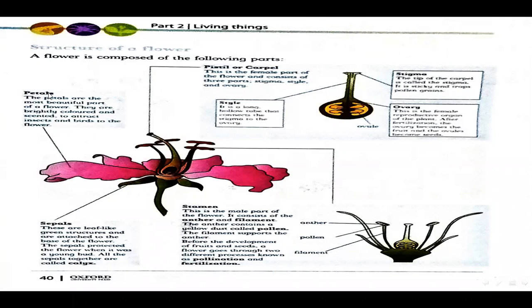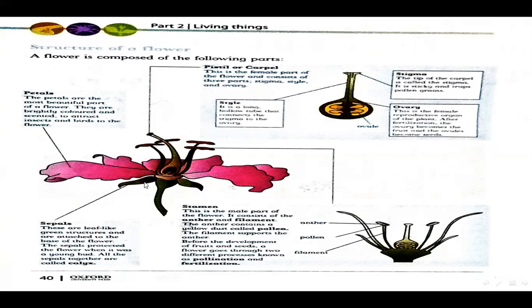I told you before, the petals vary in color depending on the flower. The petals are the most beautiful part of a flower. They are brightly colored to attract insects and birds to the flower. See, in this image, the petals are the most attractive and beautiful part of the flower.